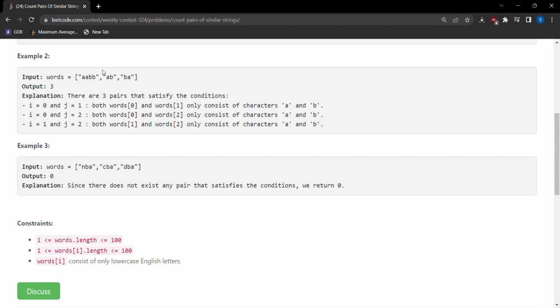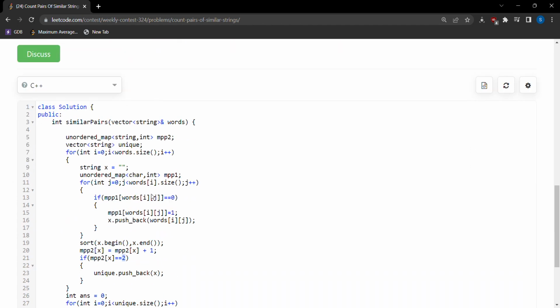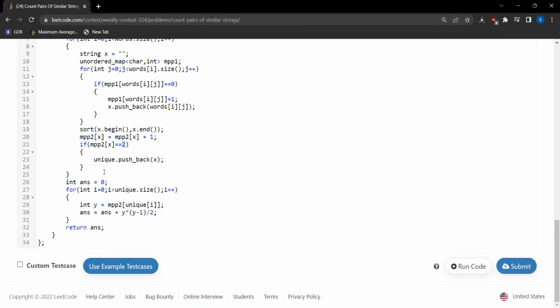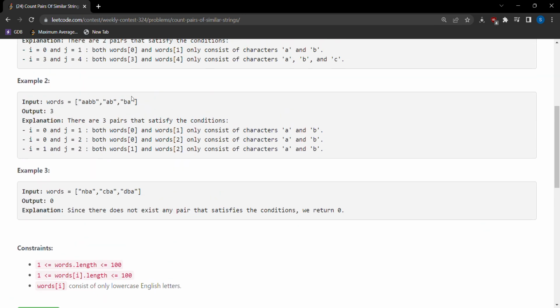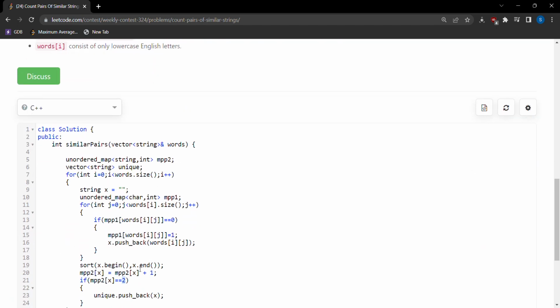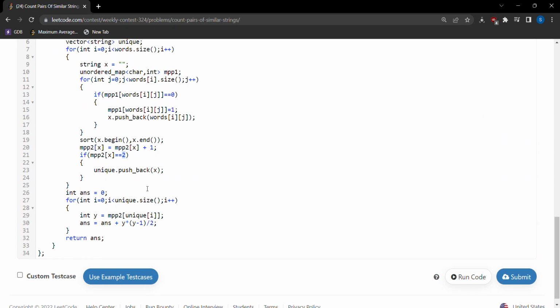But when a, b comes again, then string x equals ab would have a mapping of 2. Now we can say that these two are similar strings because we have ab twice. That's why we push back that particular x when mpp2 of x equals 2. Now we don't care if that string comes again, like in the second example this ab would come again, but we don't have to push it back again, we have to push it only once.